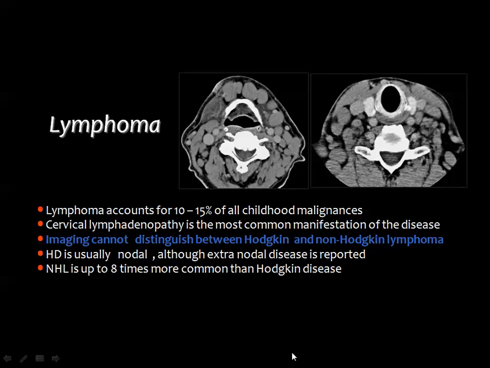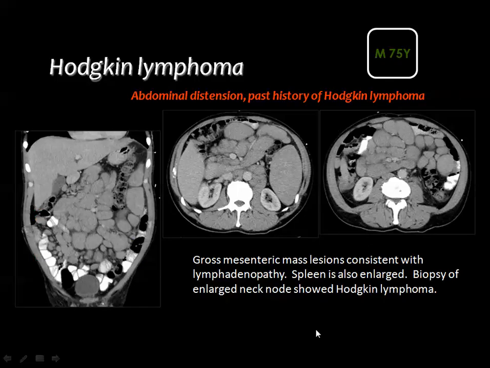And this is an example of Hodgkin lymphoma in a male 75 years old with the characteristic appearance of lymphoma nodes. The nodes are bulky, they are homogeneously enhanced, they are somewhat amalgamated together at the root of the mesentery and the para-aortic area.